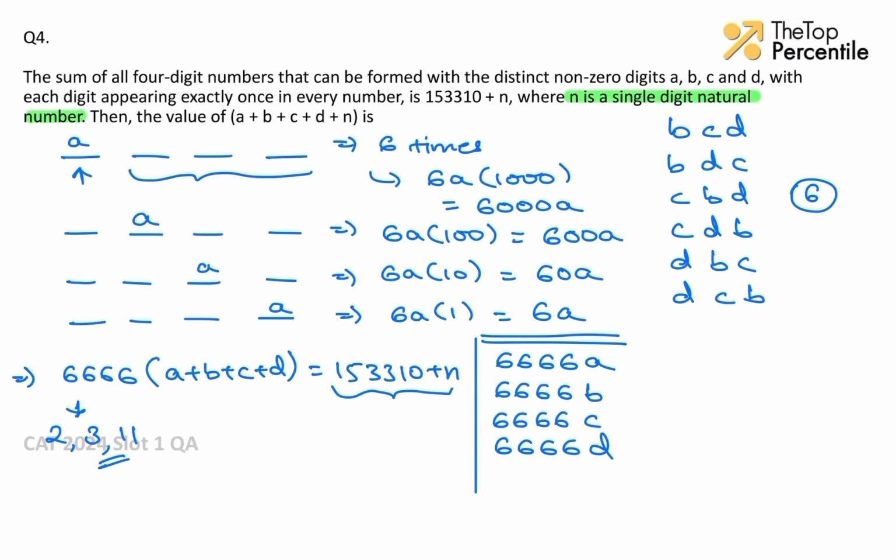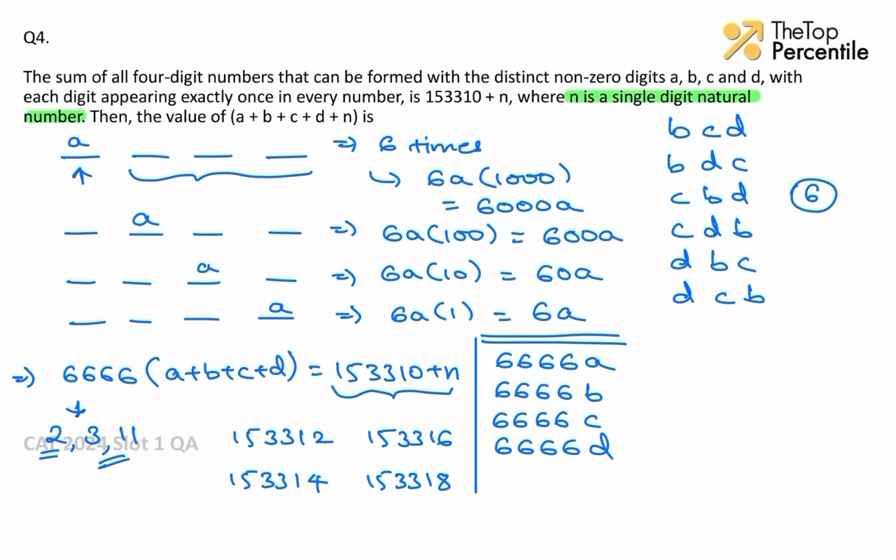So the possible values of RHS will be 153312, 153314, 153316, and 153318. Because I know the first factor is 2, so that's why I've taken only even numbers here.